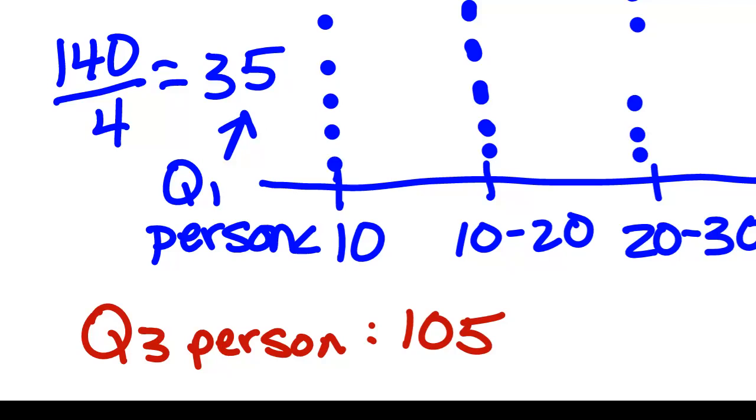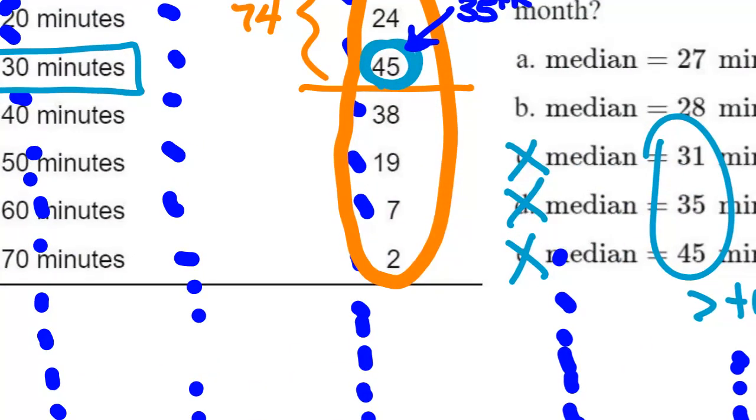So if I want to find the quarters, I'd go from the beginning to the 35th person, that'd be Q1. From the end backwards 35, that would give me Q3. So let's look at where person 105 would be. Here's 7, 9. That only puts me at 28. So the Q3 person is going to be in here.